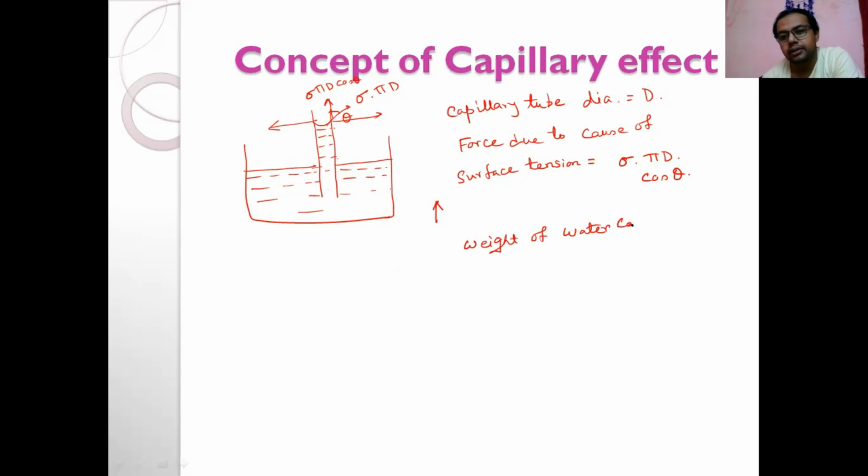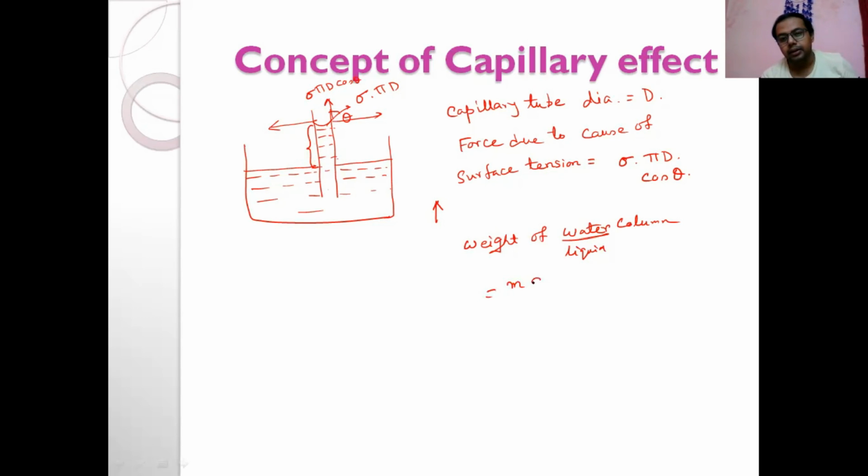Weight means the weight of this liquid, this extra liquid height. This weight is balanced by this force. So this surface tension force is holding this liquid. So what is the weight of it?